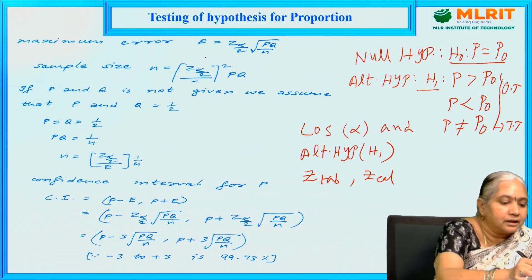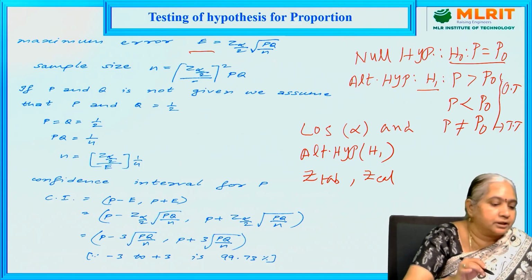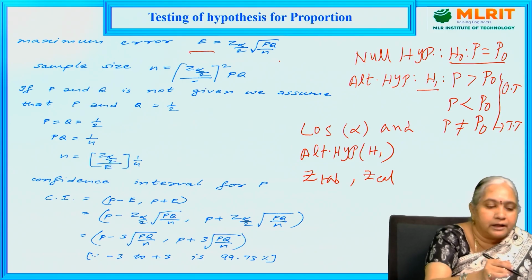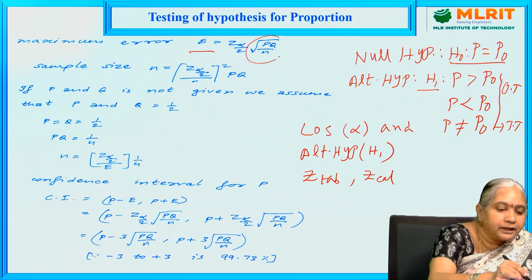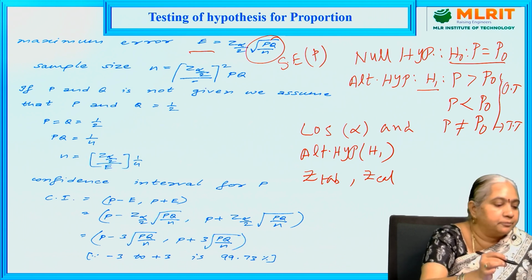Here, capital E is the maximum error in our estimation, that is Z alpha by 2 into under root PQ by N. This under root PQ by N is the standard error of a sample proportion, and Z alpha by 2 is the tabular value of Z.